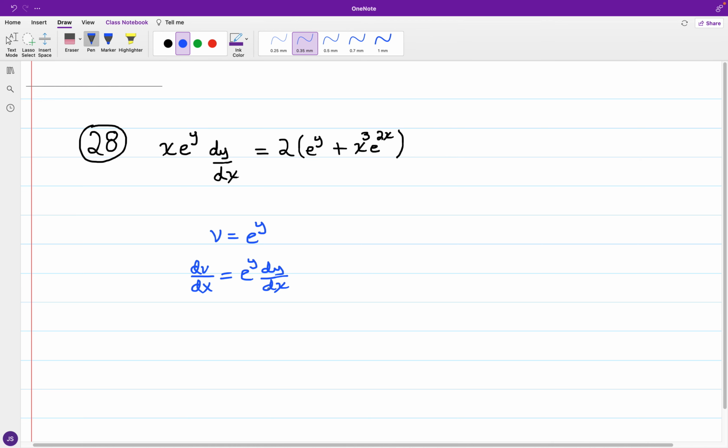For this particular case, we have v is equal to e to the 2y, and again dv over dx is equal to 2 times e to the 2y dy over dx.